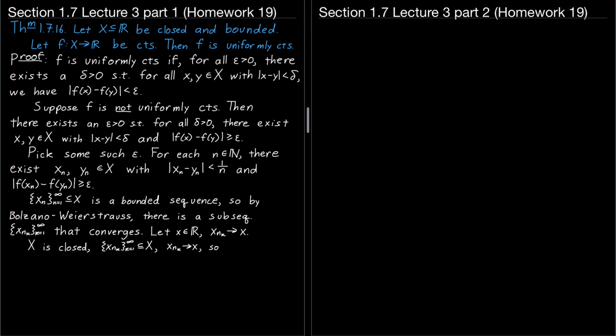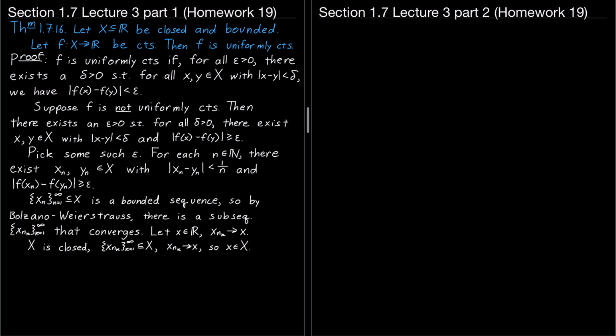So a closed set means that if you've got a sequence in a closed set, the limit's also in the closed set. So our limit point little x is in our domain big X, and it should be pretty clear.